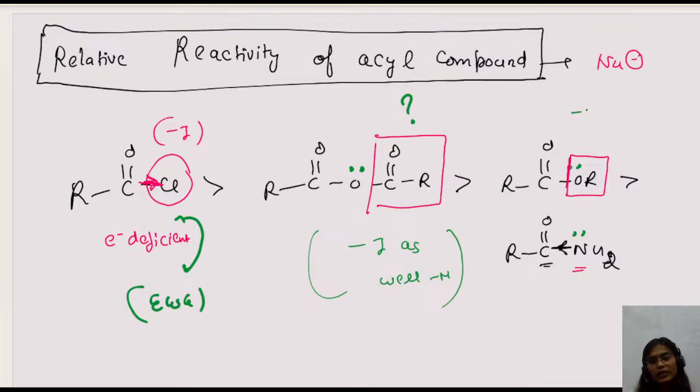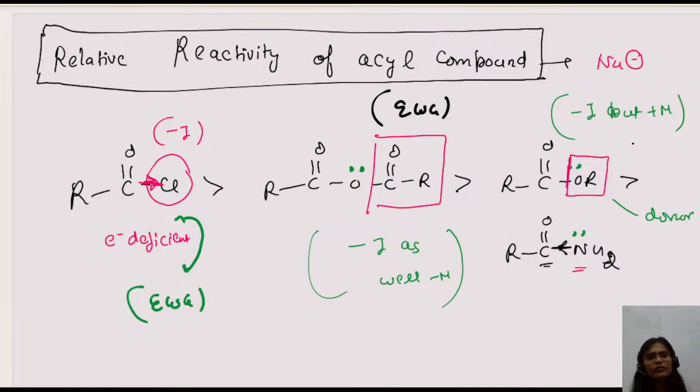But it's behaving with minus I, but plus M, right? So this is a better donor, a good donor as compared to this. Overall, we have to consider that it's an electron withdrawing group, and it is like 50-50. So it is a better donor, yes. A better donor means a less electron deficient nucleophilic center, and hence this is the order here.